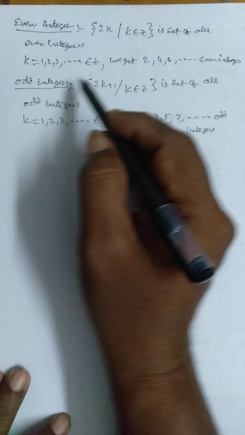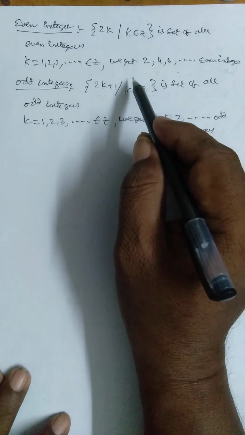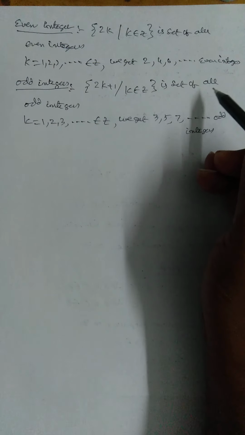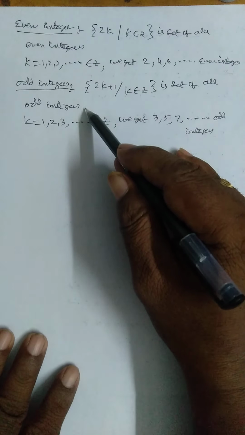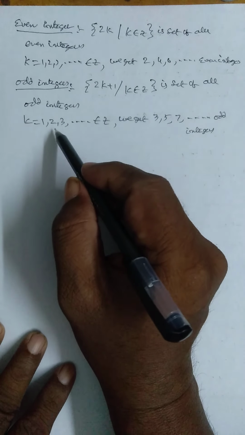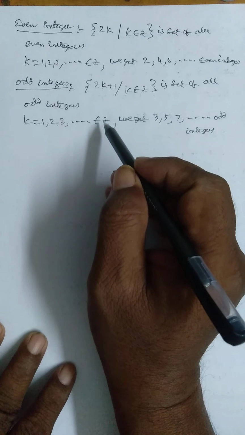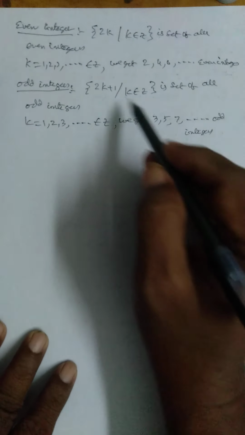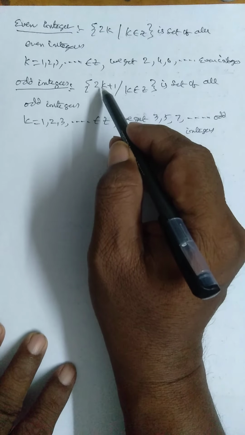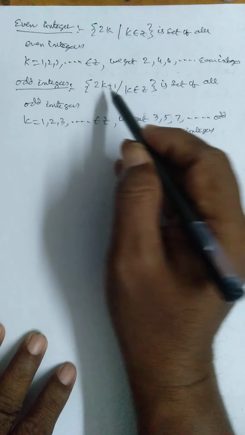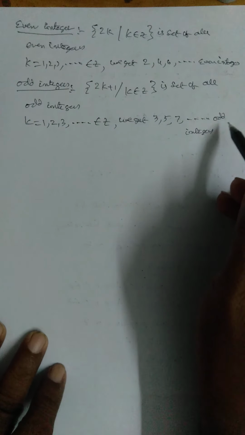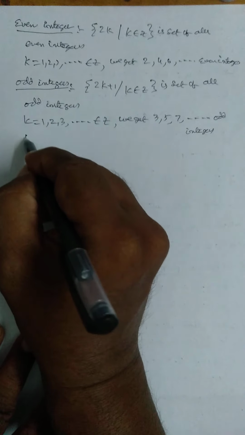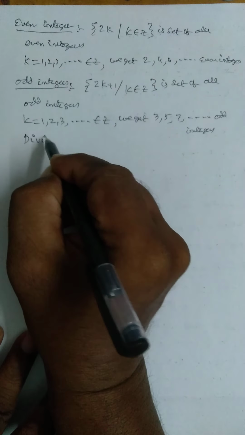Odd integer definition: the set of 2k plus 1 such that k belongs to Z is the set of all odd integers. Giving values to k as 1, 2, 3 and so on belonging to Z, when k is equal to 1 we get 3, k is equal to 2 we get 5, k is equal to 3 we get 7. So 3, 5, 7 and so on. Odd integers. Very, very important concept.